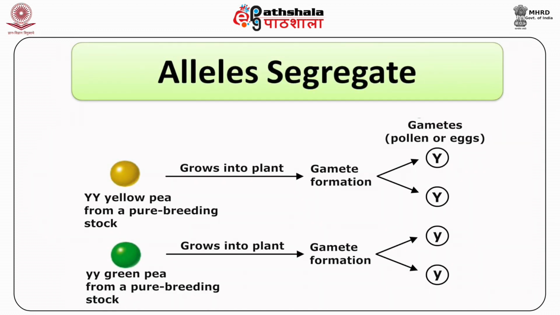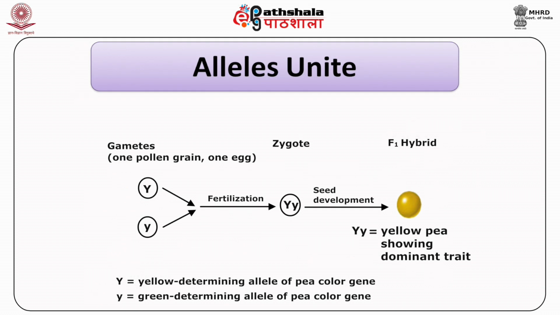The given image shows how Mendel's second law works, as alleles segregate and once again unite. The first figure shows the alleles of yellow and green pea from a pure breeding plant growing into a plant. During gamete formation, they segregate from each other, whereas the second one shows that during fertilization, the segregated alleles unite with each other and lead to the development of a seed.